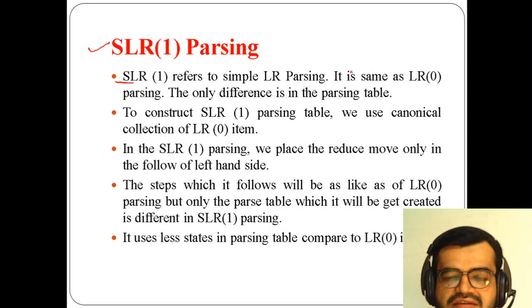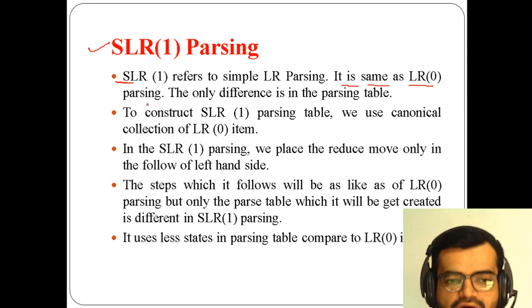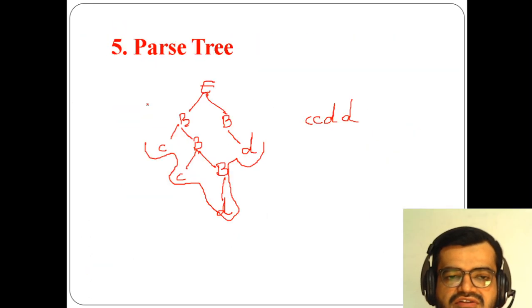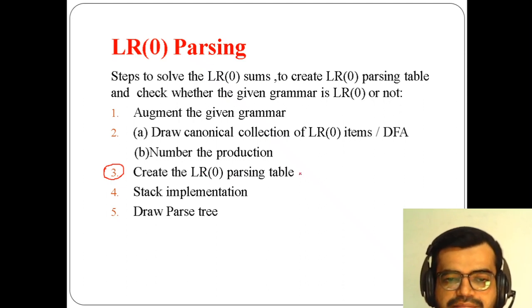And this is very important. The point is that it is the same as LR of 0 parsing. All the steps which you have performed here will be the same in SLR 1 as well. Only the difference lies in the third step.